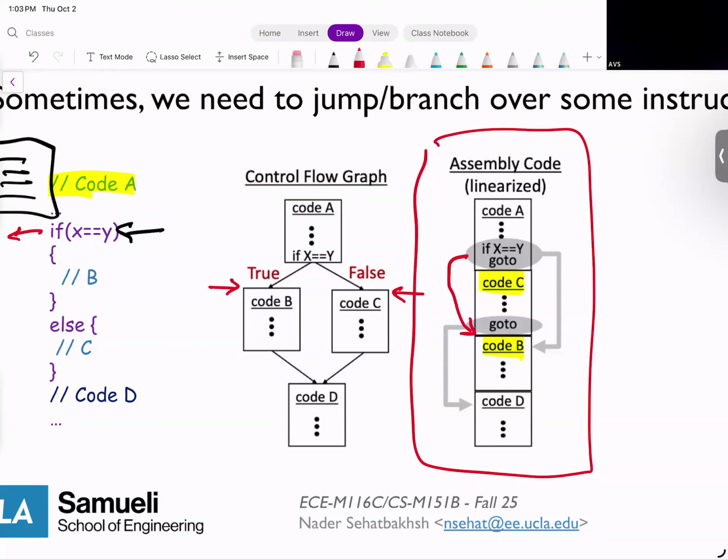If the branch is not taken, I just continue normally, but when I reach this point, I need to jump over B and go to D, right? So it's kind of like the basics of the if then else operation. So for this, I need a mechanism to be able to change the PC, and change this PC based on some conditions.